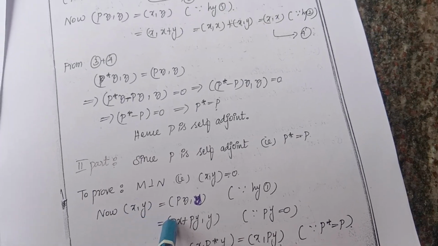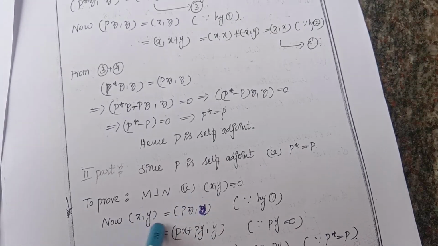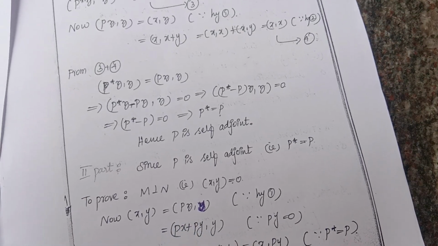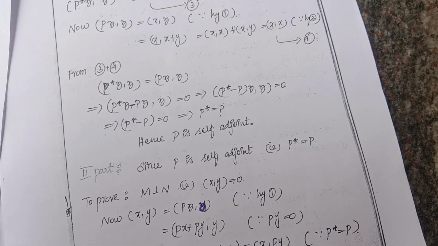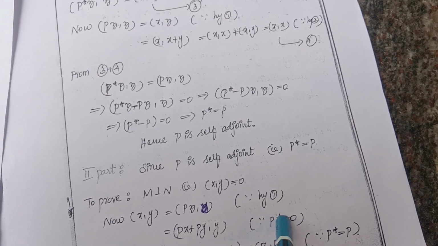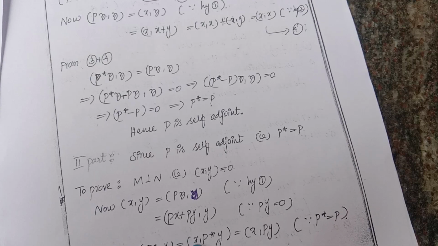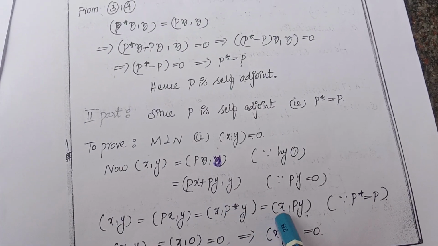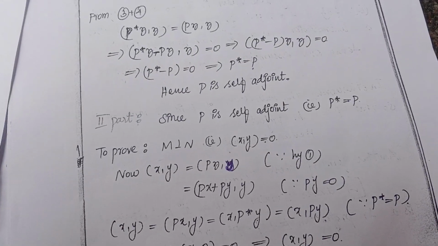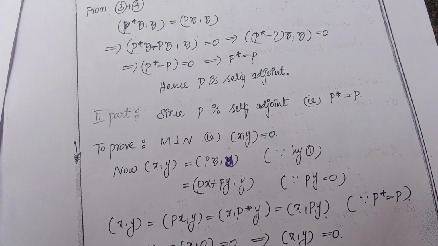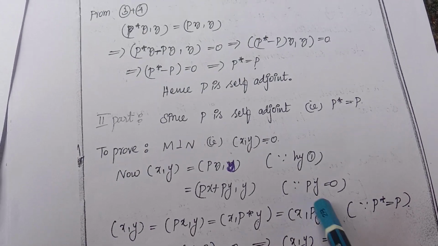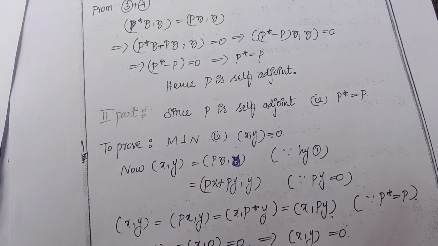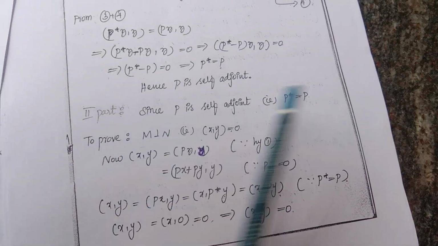So (x, y), x can be written as P of x, so (P x, y) equals (x, P star y) equals (x, P y). P of y is 0, so (x, 0), which gives (x, y) equal to 0. So M is orthogonal to N.